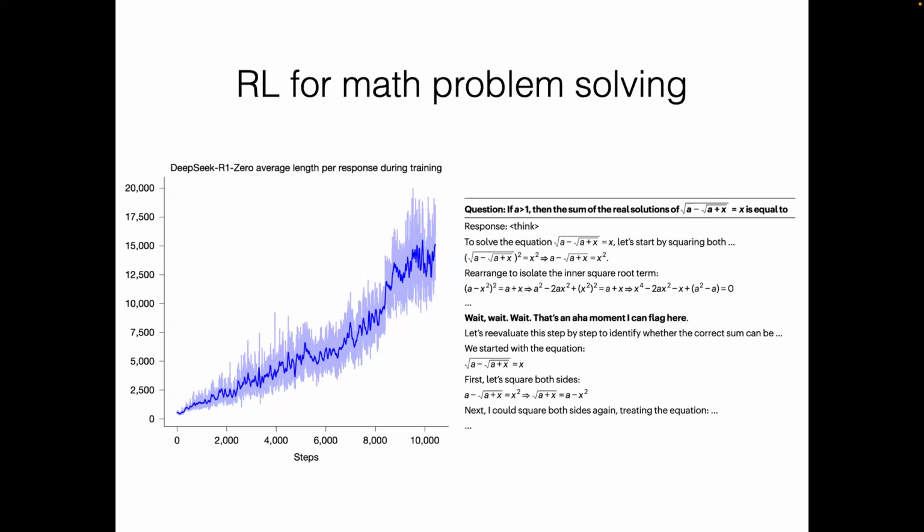Here on the y-axis, you have the length of the chain of thought, within those think tokens. As training goes on, the thoughts are getting longer. By the end, they're pretty long, around 15,000 tokens worth of thinking before coming up with an answer.